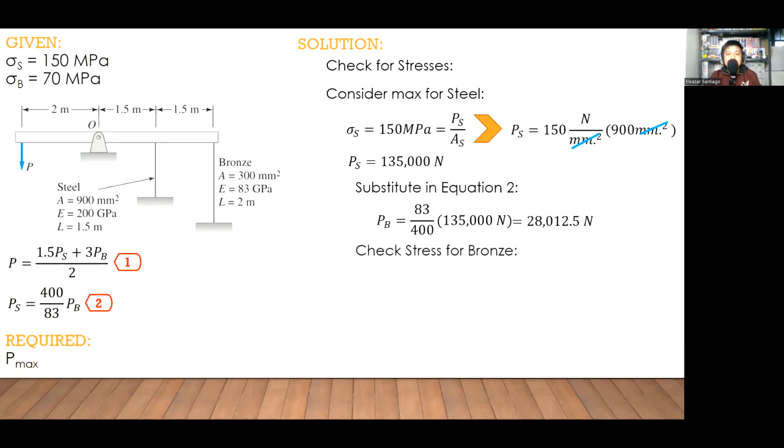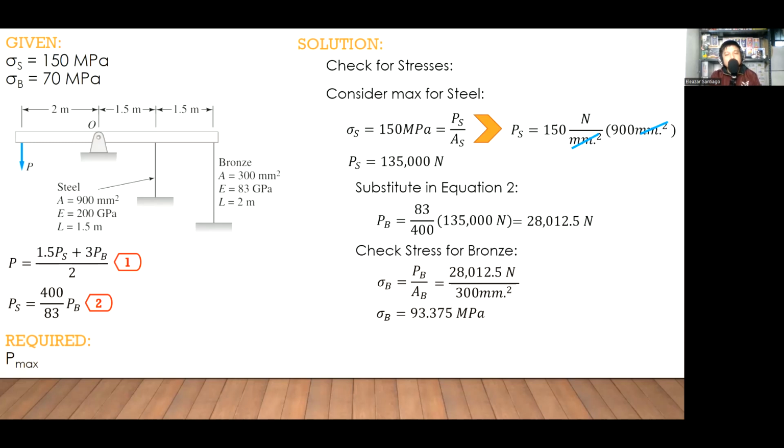For the stress for the bronze, sigma B is equal to the force all over the area, wherein the force is 28,012.5 newtons divided by the area of the bronze, that is 300 square millimeters. Thus, the value of the stress is 93.375 megapascals.